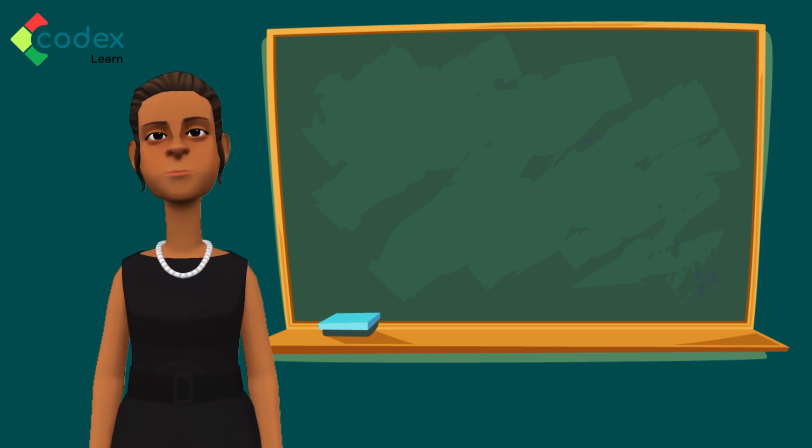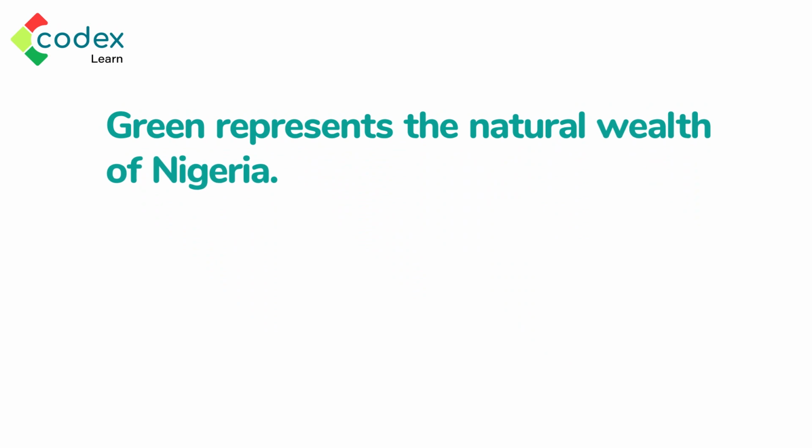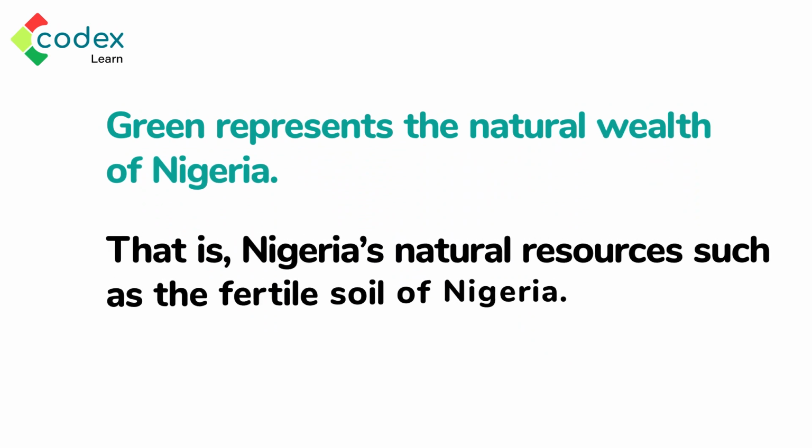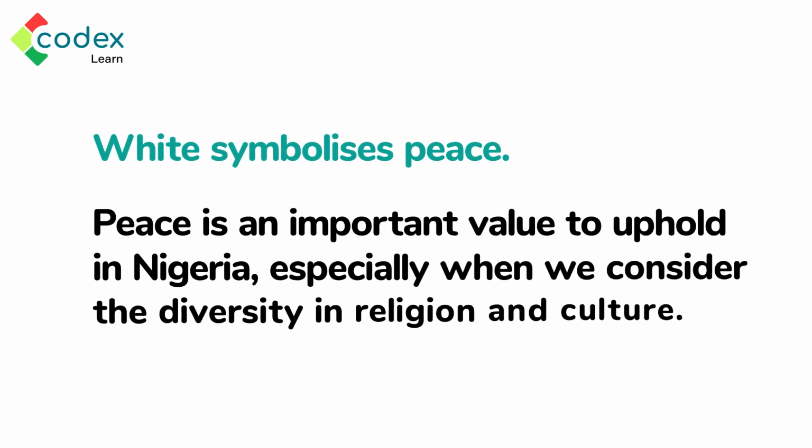Now, let's interpret the colors. Green represents the natural wealth of Nigeria, that is, Nigeria's natural resources such as the fertile soil of Nigeria. White symbolizes peace. Peace is an important value to uphold in Nigeria, especially when we consider the diversity in religion and culture.